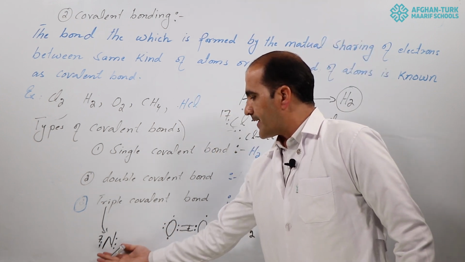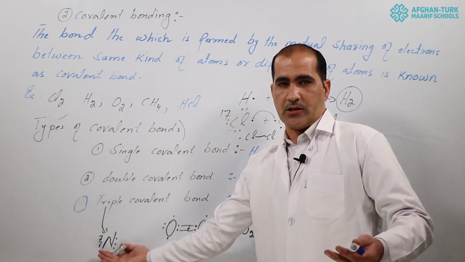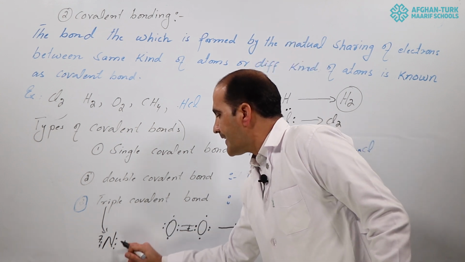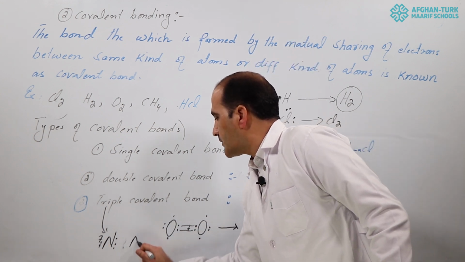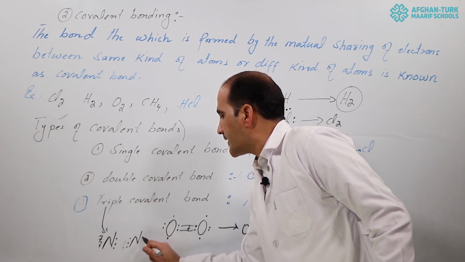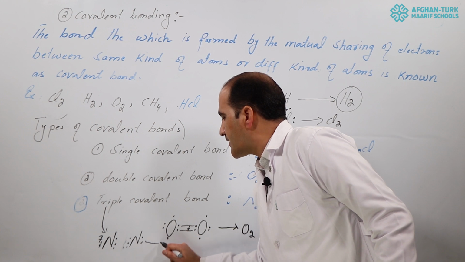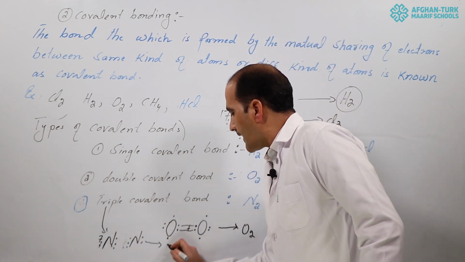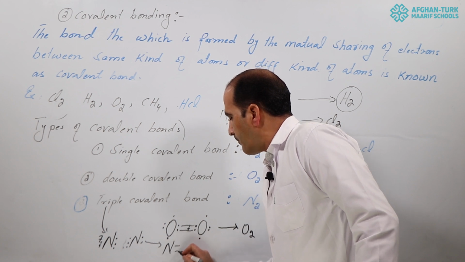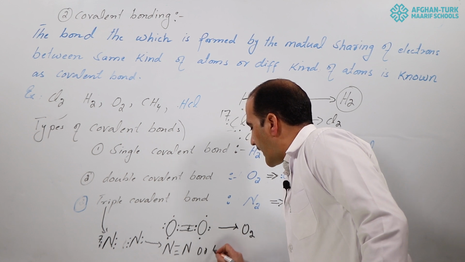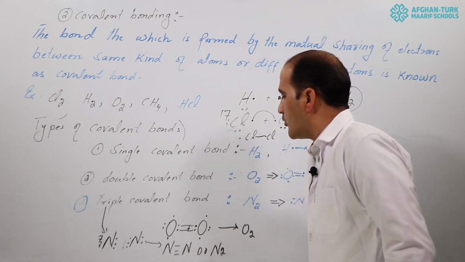So it is unstable right now. It needs 3 more electrons. So another nitrogen atom will come and share its 3 electrons with this nitrogen atom. When it shares 3 electrons, N triple bond N, or N2, molecules will be formed.